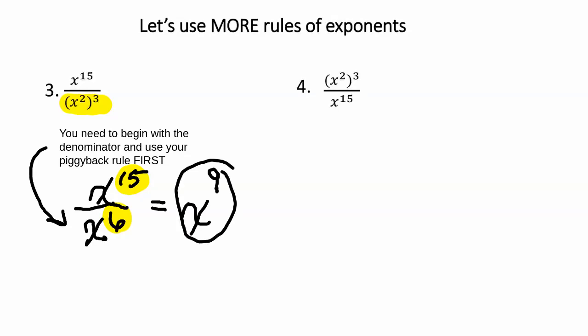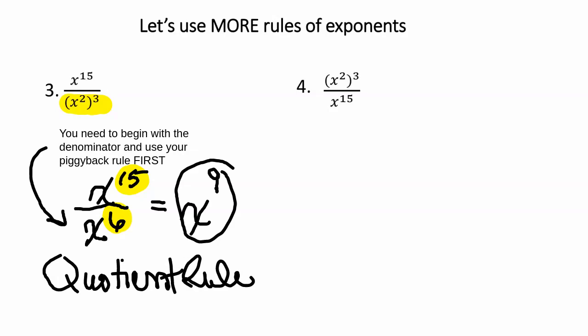This is then your quotient rule. That's this part. Once I get here, I got to use the piggyback rule first. Then I do my quotient rule.